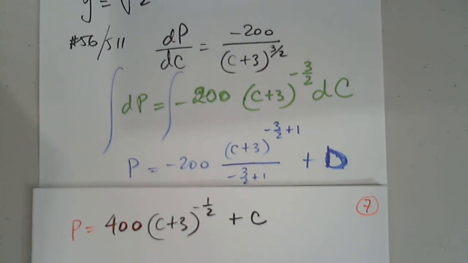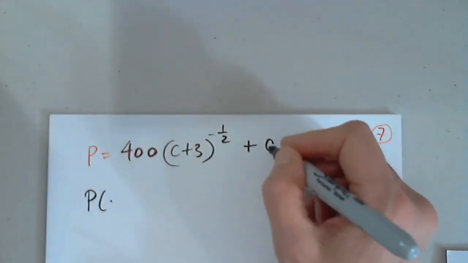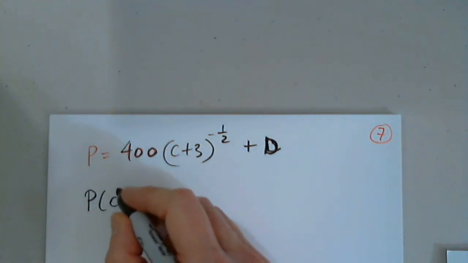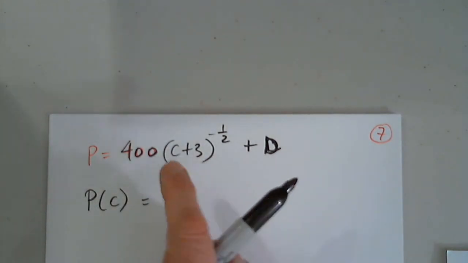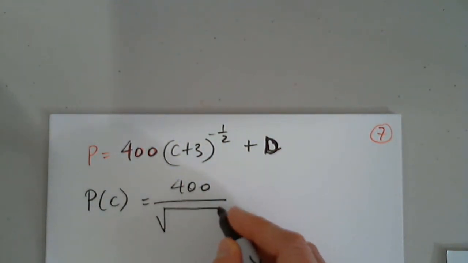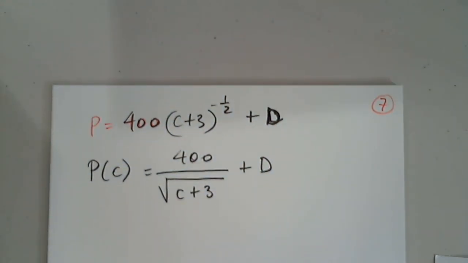So this is the profit function, P of C, and I don't want this to be confused with the cost. So 400 divided by the square root of C plus 3 plus a constant D.